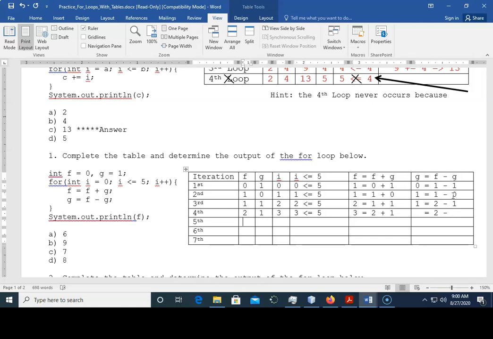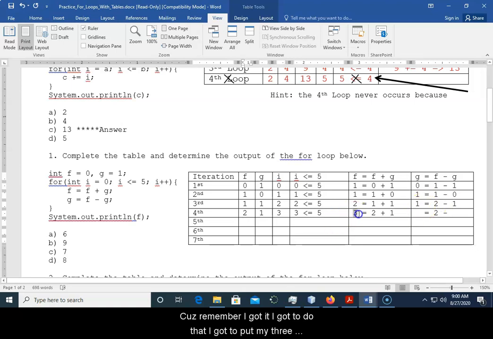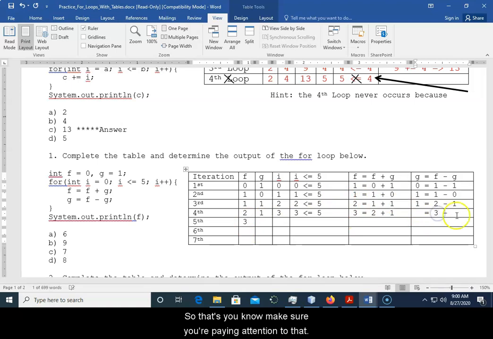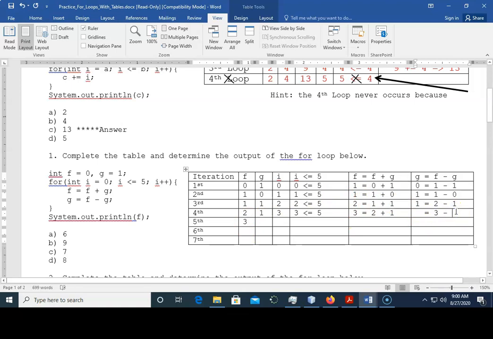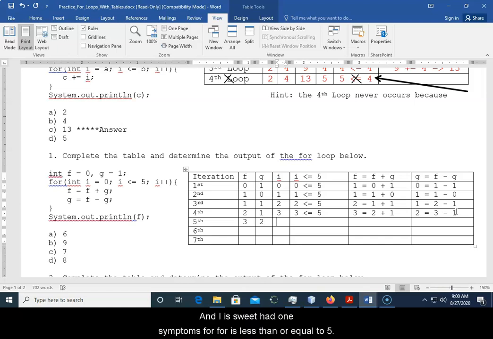It's not 1, because remember I gotta put my 3 down here and update my f. So make sure you're paying attention to that. 3 minus 1 is now 2. So g is 2, and we add 1 to I, so it becomes 4. 4 is less than or equal to 5.